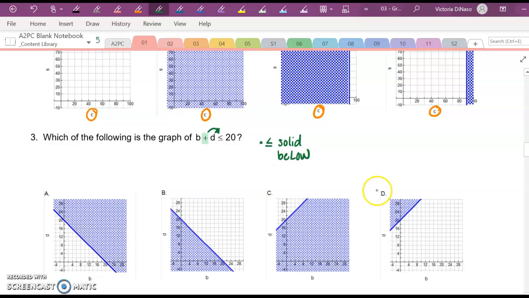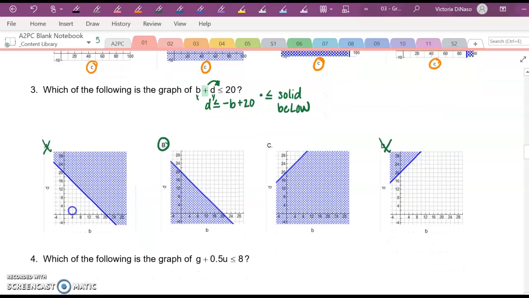So since we're shading below, we can go ahead and cross off A and D. And then for number 3, I know that if we were to get this in the form of y equals mx plus b, we would have a negative slope, because b is the same as saying x. So since we have a negative slope, my answer choice is B because it has a negative slope.